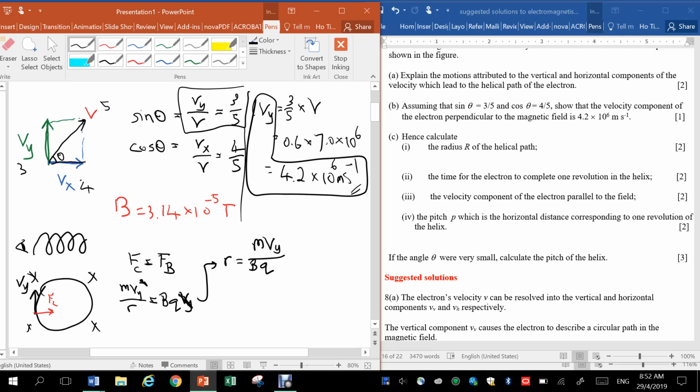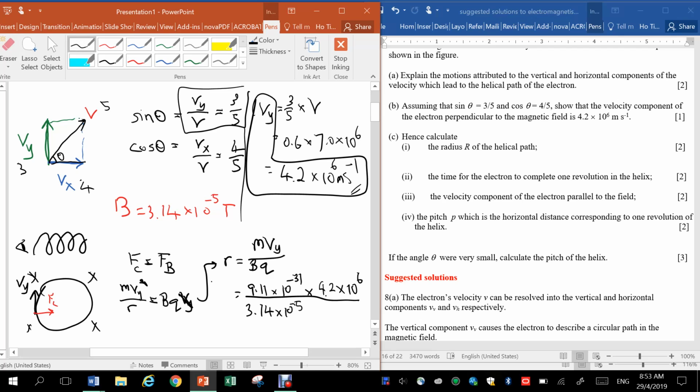So all you have to do is to sub in the values of the electron. 9.11 times 10 to the power negative 31. The velocity Vy, which is 4.2 times 10 to the power 6. The value of B, 3.14 times 10 to the power, oh sorry, negative 5.